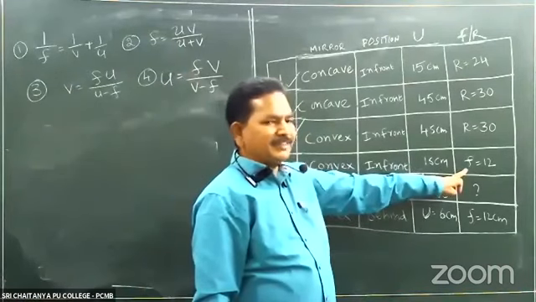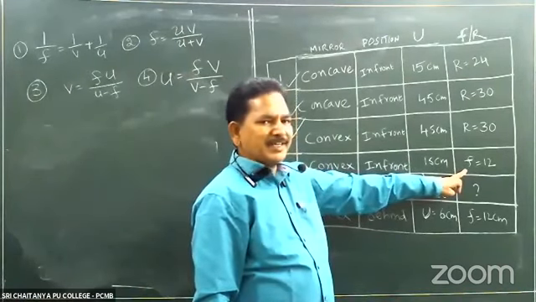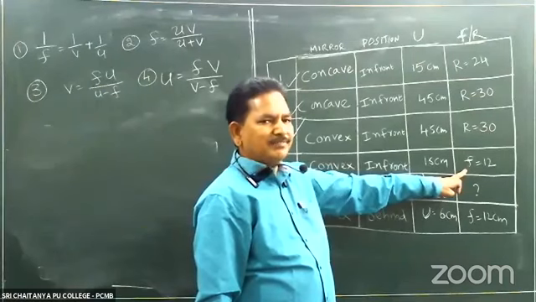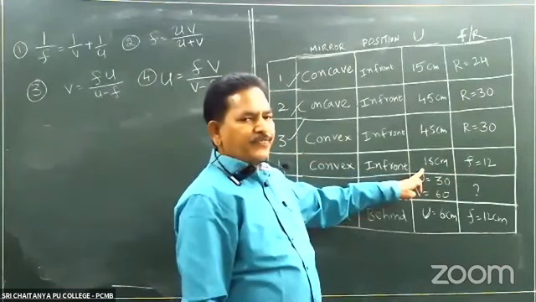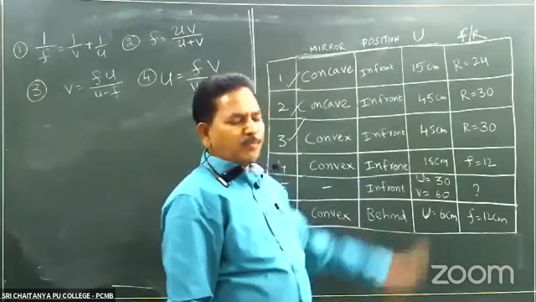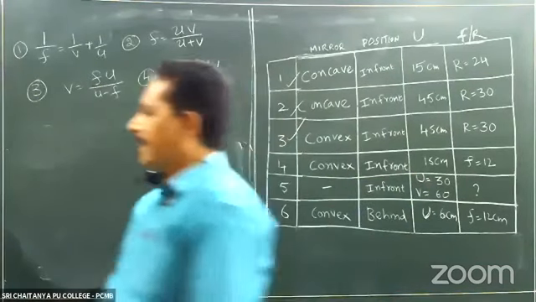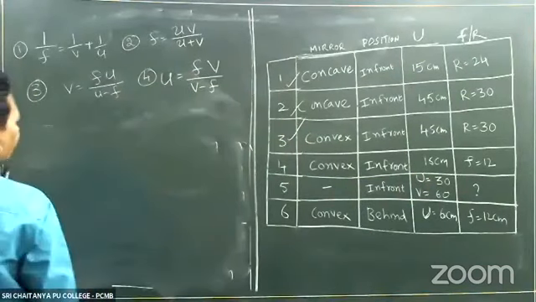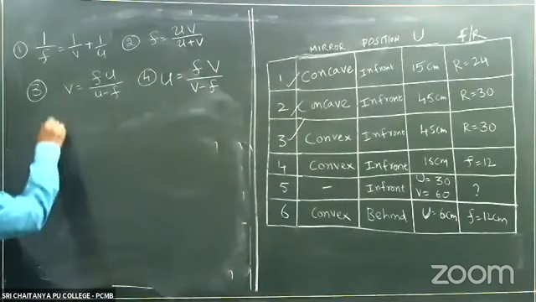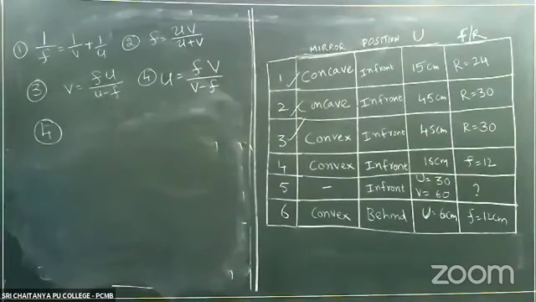Focal length is given directly, 12 centimeters. Object distance 15 centimeters. Small diagram. If you practice, no need to draw the diagram also. Now I will try to write the problem without a diagram.